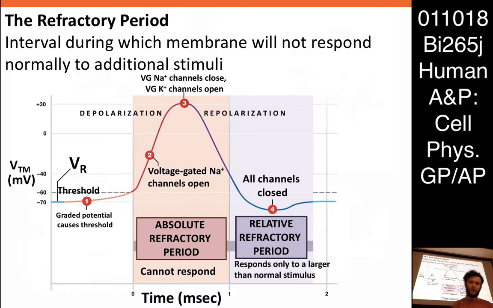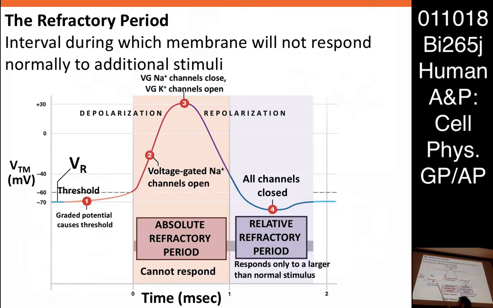The refractory period. So here's this chart. This is time. This is potential. Here we go. This at minus 60 is the threshold at which the action potential starts when the sodium channel swings open.